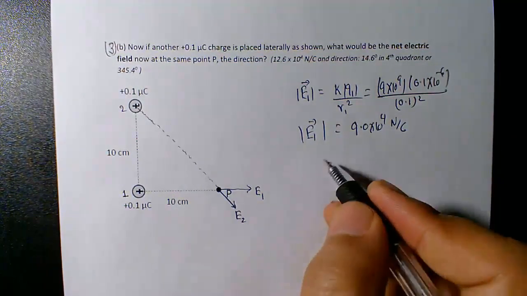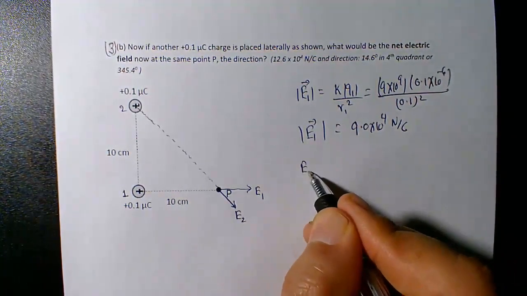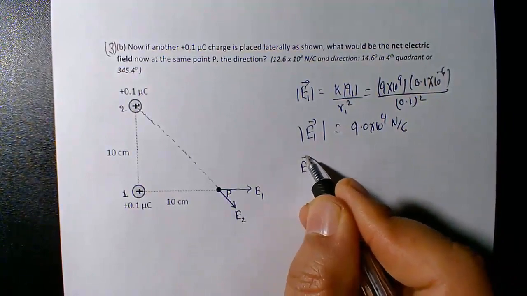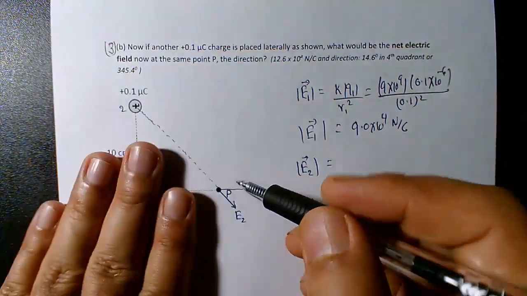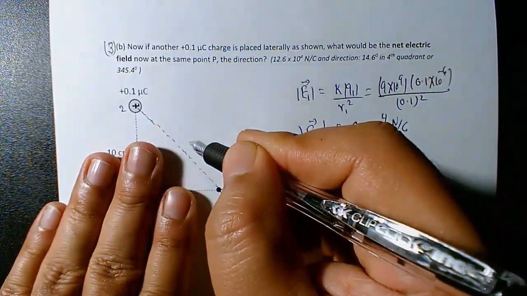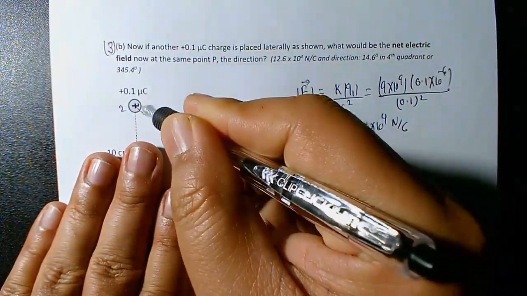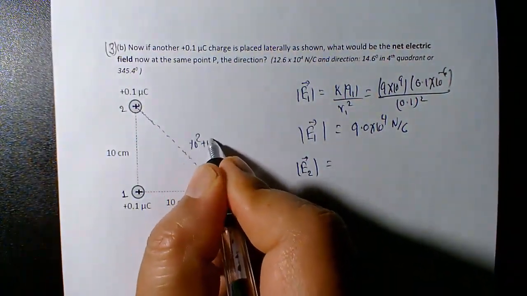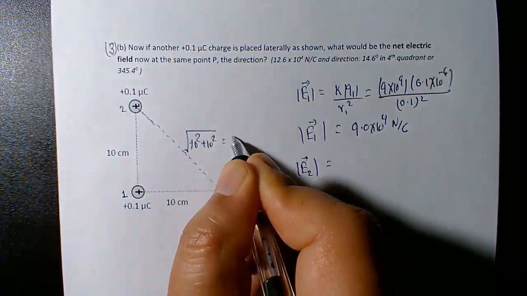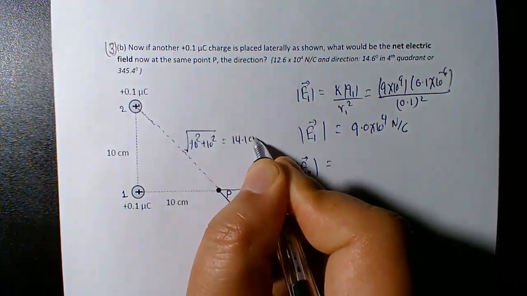So now what about E2? The magnitude of the electric field E2 due to charge number 2. Now you need this distance to calculate E2, because this is the distance of point P from charge number 2. And if you do this, square root of 10 squared plus 10 squared is about 14.1 centimeters.